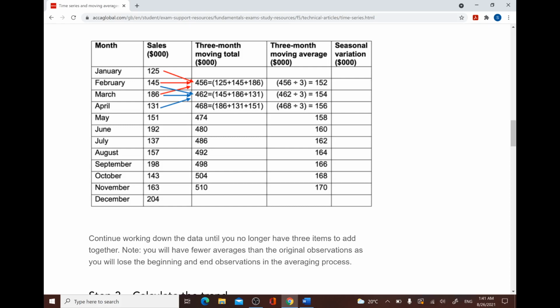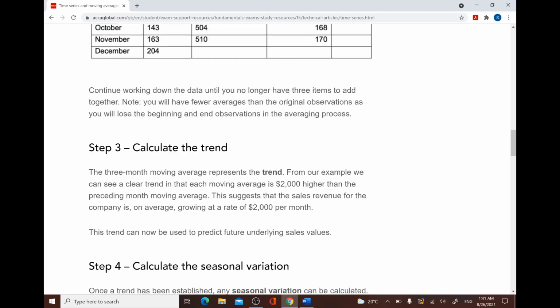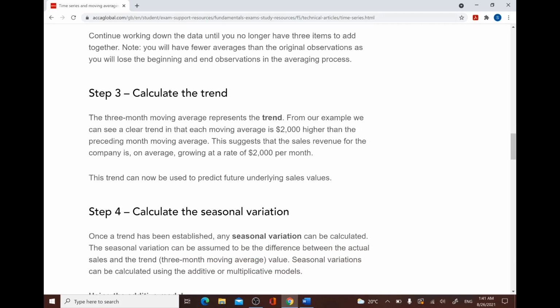So it increases by 2,000 per month. Okay, so would it be possible for you to get the seasonal variation? Yes, it depends on whether you're making use of an additive or multiplicative model here. So let's see. It's exactly like what I've just mentioned in calculating the trend. I believe that the trend I've just told you is going to be 2,000 higher than the preceding month.